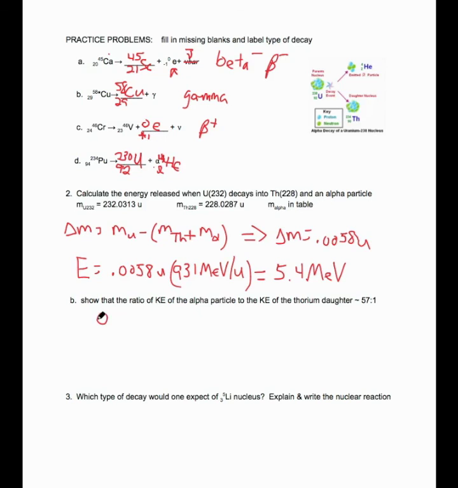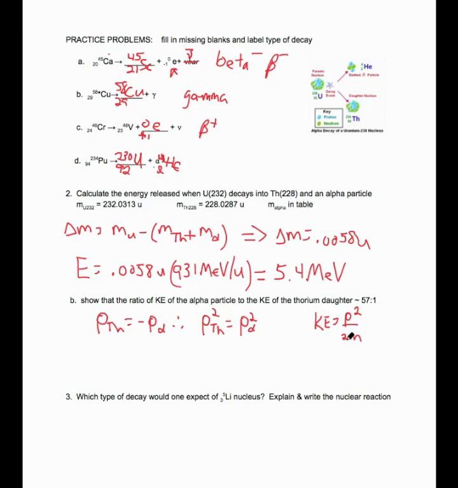So after the decay, the P of the thorium must equal the negative value of the P of the alpha particle. Therefore, if we square both of them, we can say that P thorium squared equals P alpha squared. Now, why do I want to square that? Because we can relate momentum directly to kinetic energy. From mechanics, we know that kinetic energy is P squared over 2m.